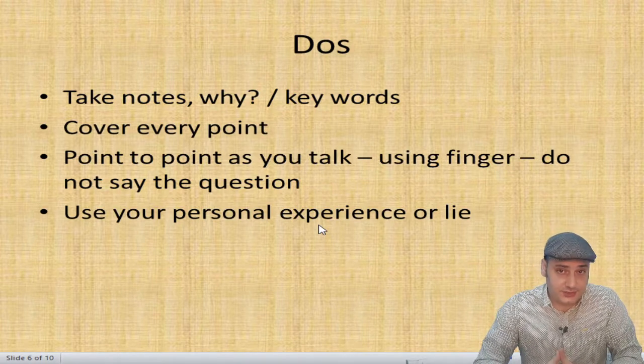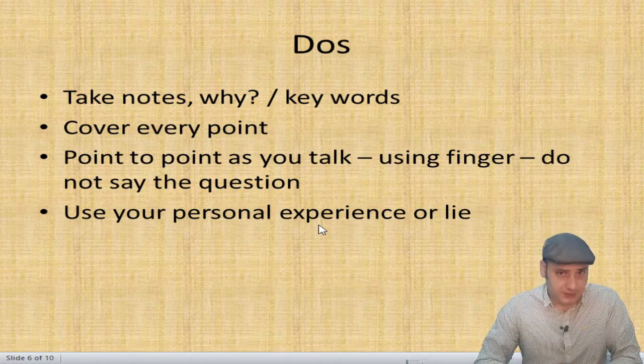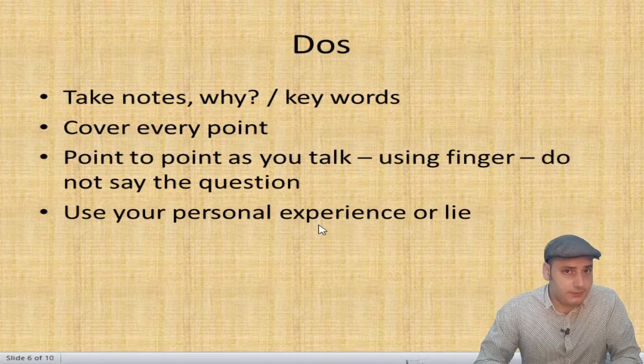So use your personal experience, or if you don't have a personal experience, lie. Remember, all the questions in this exam are not impossible. You can answer them. You cannot say, I don't know. You can use your creativity. Suppose that I ask you, for example, to describe a zoo, and you've never been to a zoo.